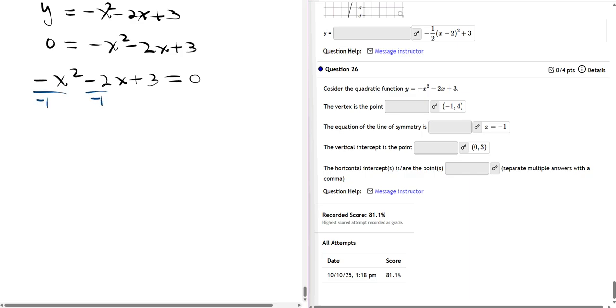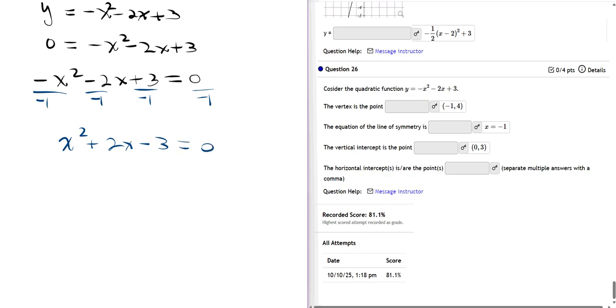So if I just divide everything by a negative 1, then I'll get a positive x squared plus 2x minus 3 equals 0. And for some reason, I just like that better. Does it matter? No, really, it doesn't. It's just a habit that I have, because maybe I want to try to factor it.